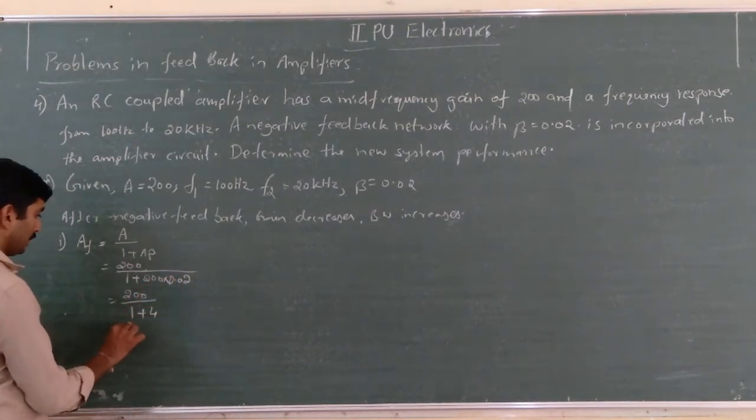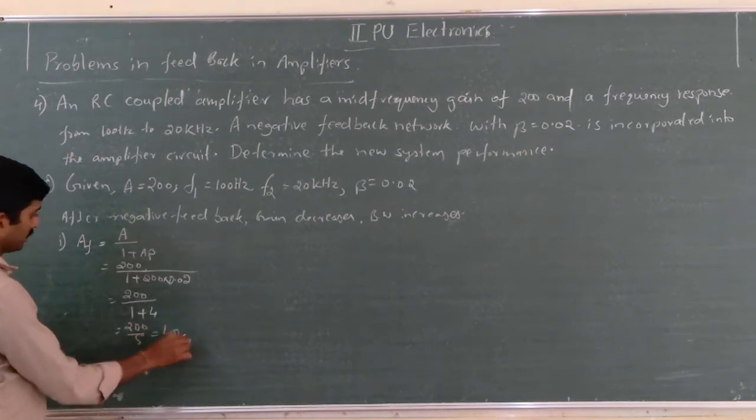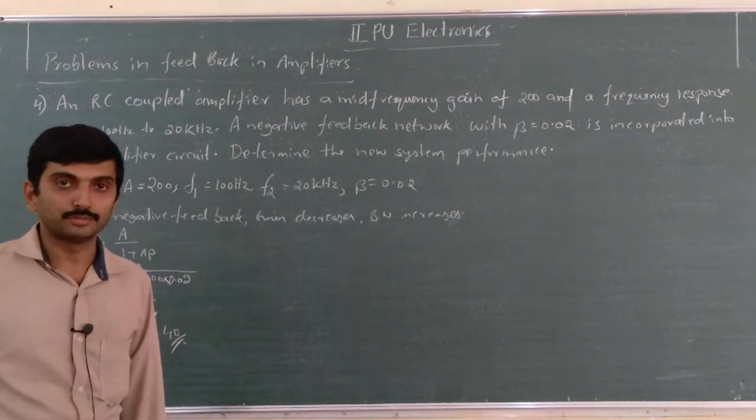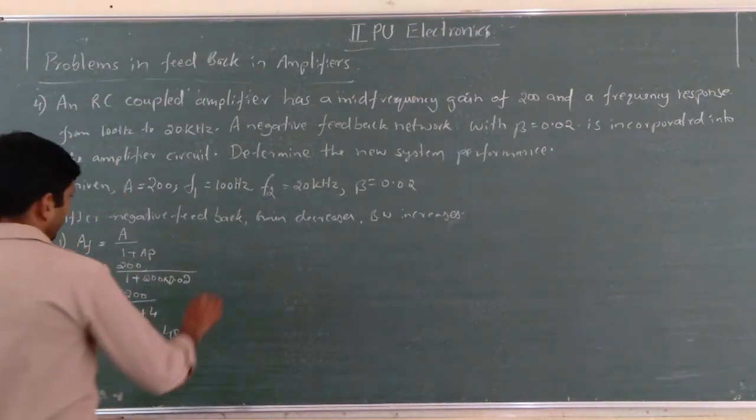So, 200 divided by 5 equal to 40. So, gain is decreased to 40, first one.